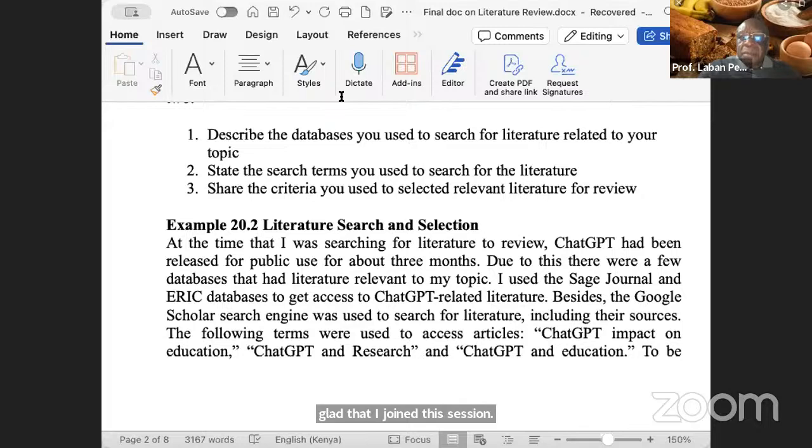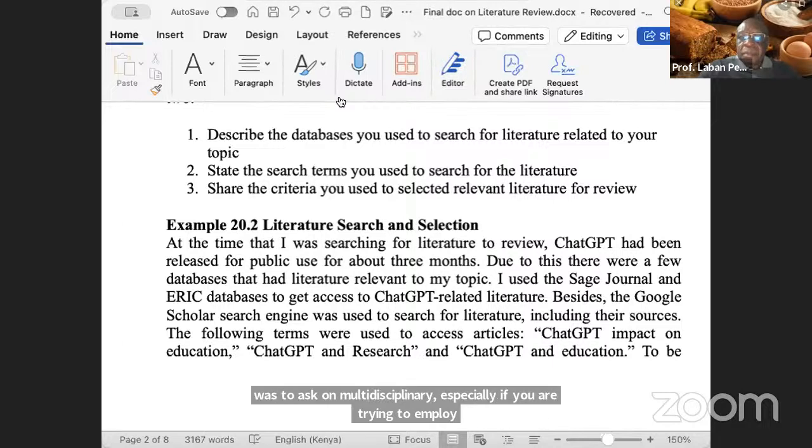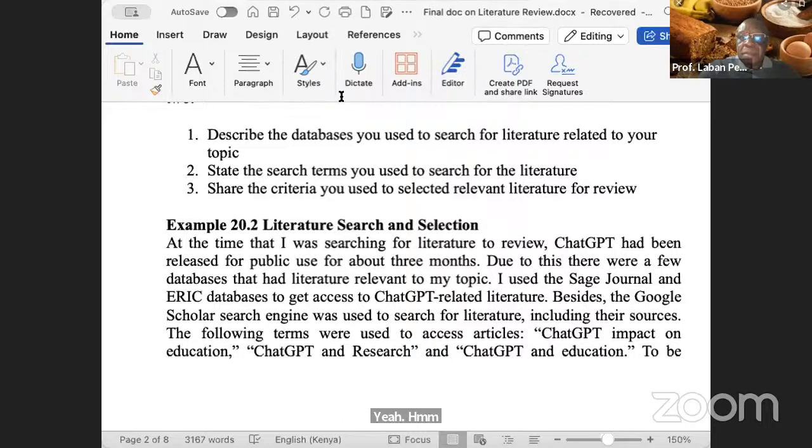But number 2, you've answered. I was going to ask about multidisciplinary work, especially if you are trying to employ theories. I would ask, is there a need to justify a theory? Some theories have versions, but sometimes your study is based on an earlier theory that you feel underpins it.